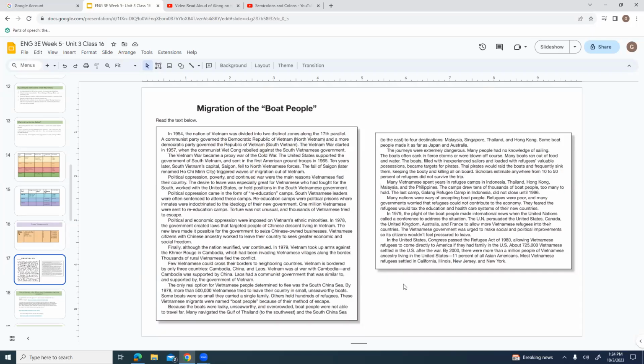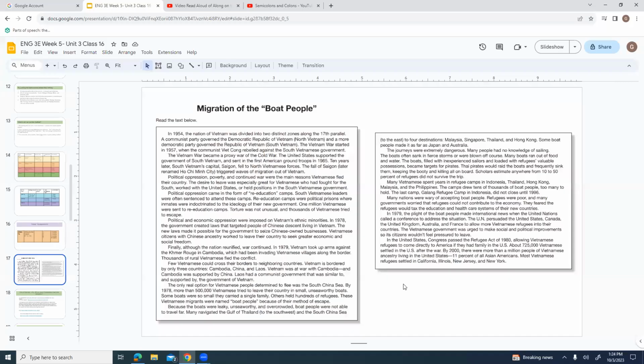I'm not going to read all of this, but in the United States, Congress passed the Refugee Act of 1980, allowing Vietnamese refugees to come directly to America if they had family in the US. About 725,000 Vietnamese settled in the US after that war.